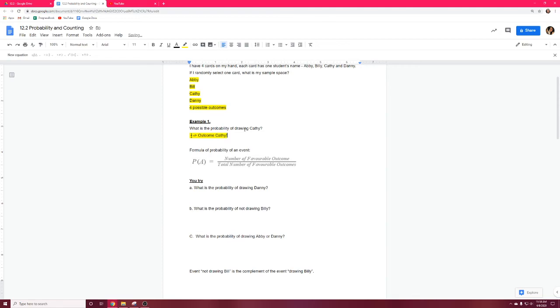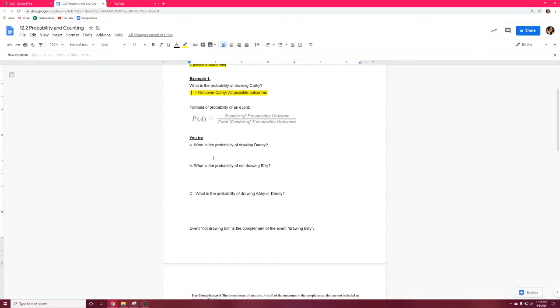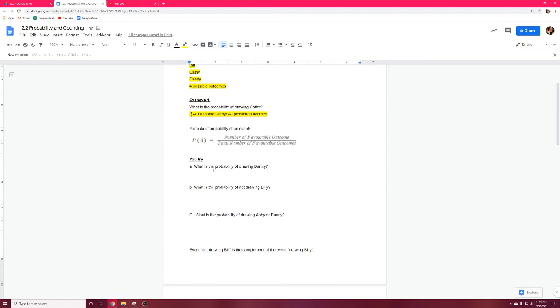On the bottom of the fraction, we have the total number of outcomes, which is our sample space, all possible outcomes, which we have 4 possible outcomes. So this is how you get your probability. I hope that makes sense to you. Okay, next one.